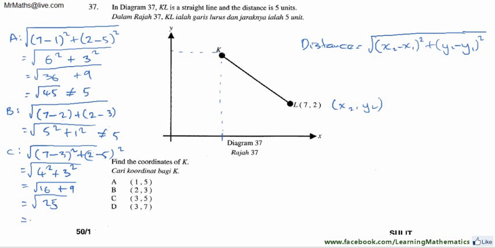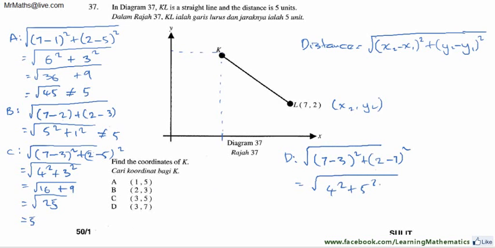Okay, C is the answer, but let's go and figure out what D is. 7 minus 3 squared plus 2 minus 7 squared, which is 4 squared plus 5 squared. Okay, this is not gonna be 5. Okay, so the answer is C for number 37.